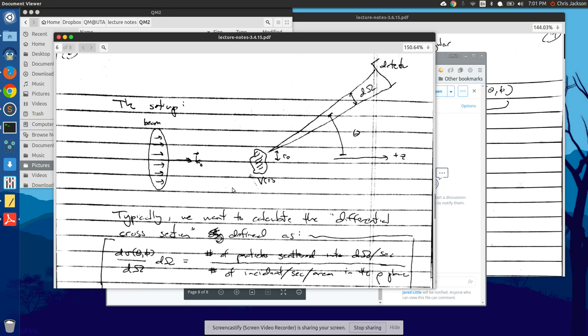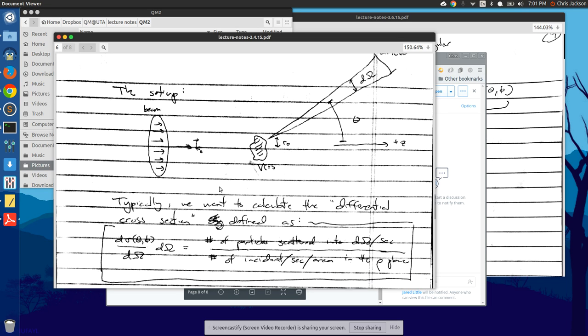And then the scattered wave is some type of spherical wave. Think of a lake or a pond, when you drop a rock in there and the waves go away from it. You can think of that picture when you think of the scattered wave.